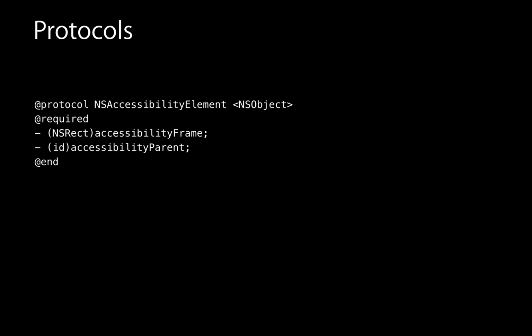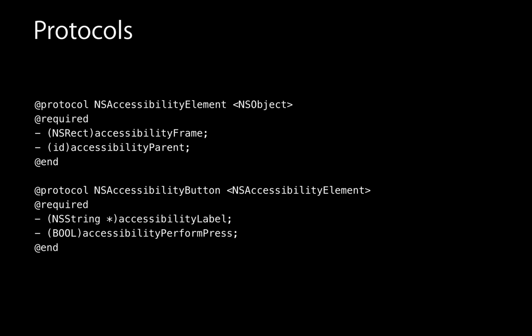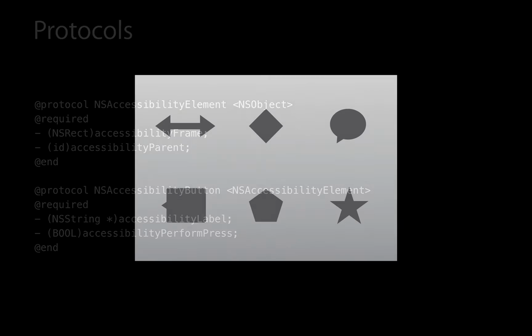And then you build on top of that, we have all the other protocols, like the button protocol I just talked about, which has two required methods, the accessibilityLabel and the accessibilityPerformPress. And as you saw earlier, the Xcode compiler already warned us about those methods. So that's just how easy it is to implement a custom view. By the way, the protocols are optional, so you don't have to implement them if you don't want to, but it's really, really handy.